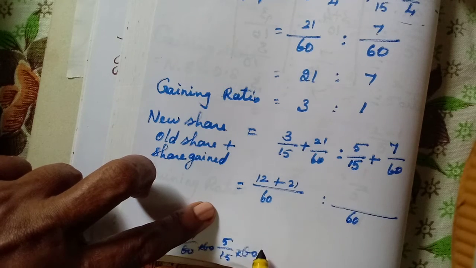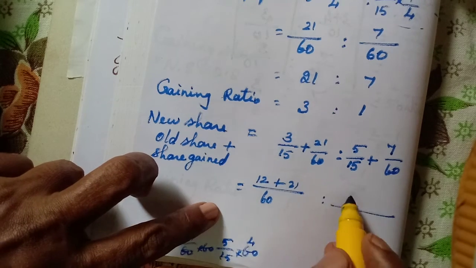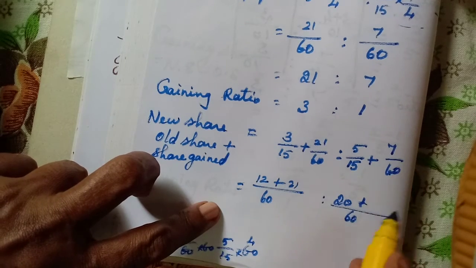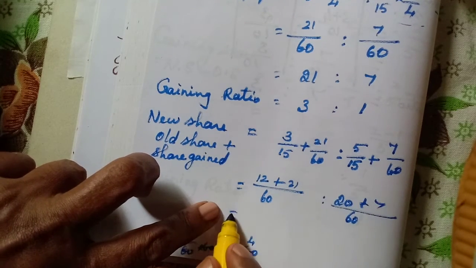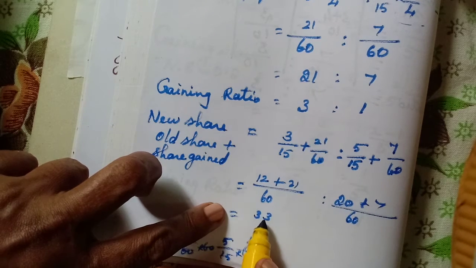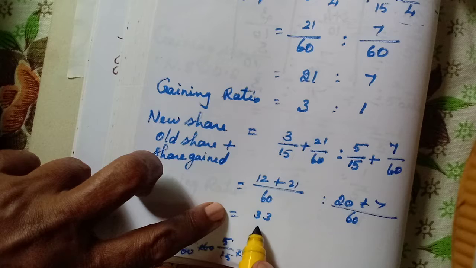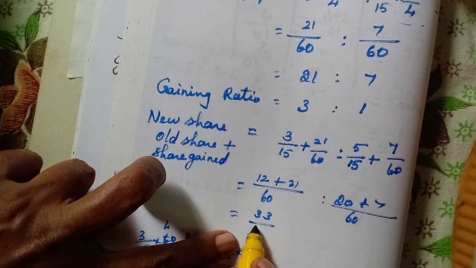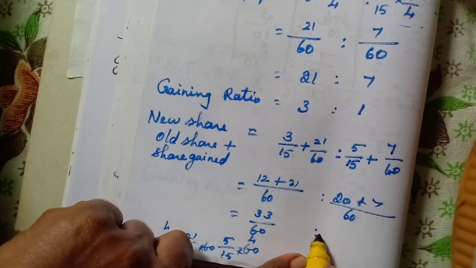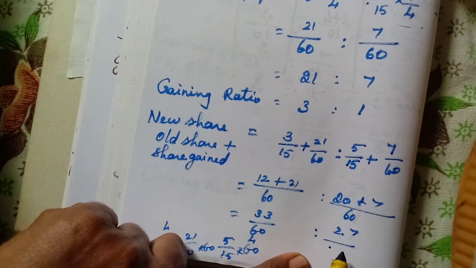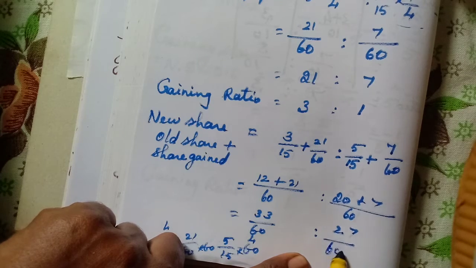How many 15 in 60? 4. 5 4s are 20 plus same 60 will get cut 7. So 3, 3. Thirty-three by 60 is to 27 by 60.